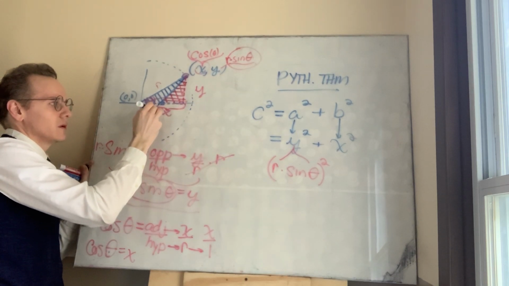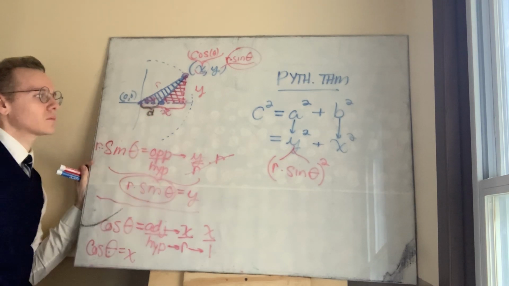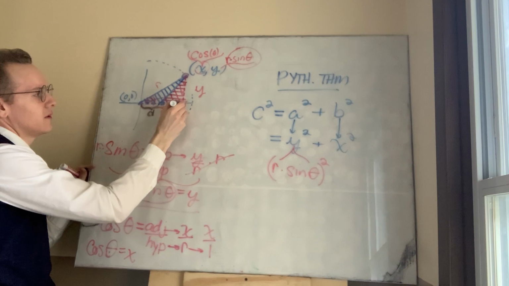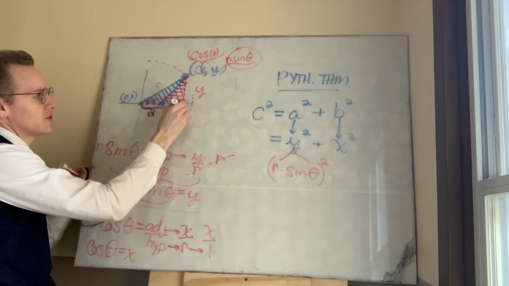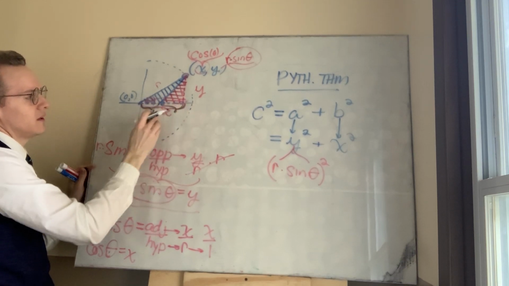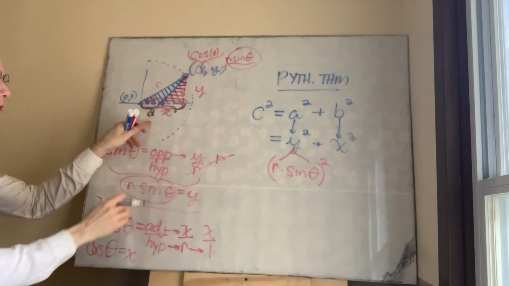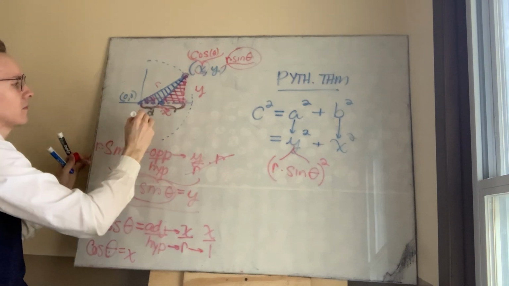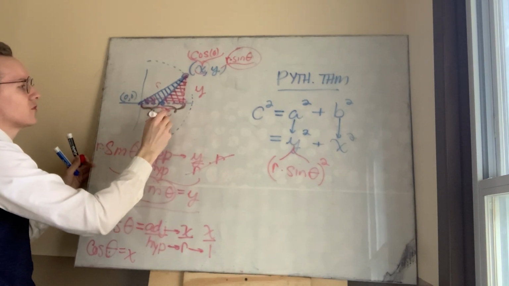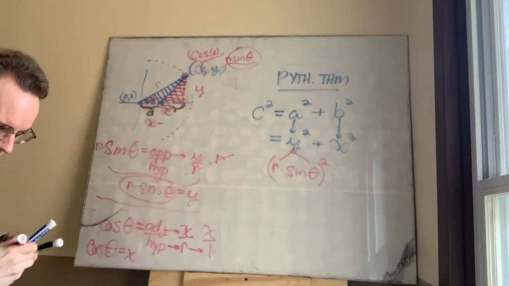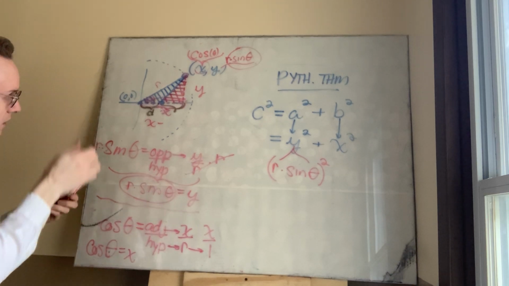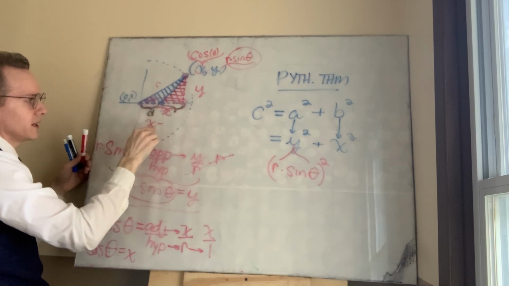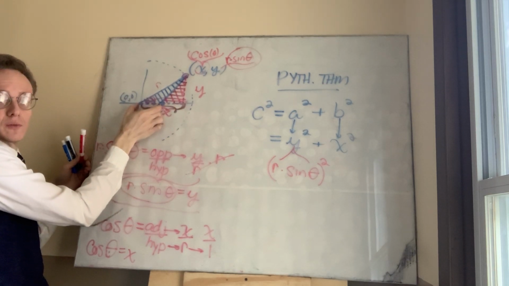Maybe a D would be better. I'll put a D here. All right, the rest of it, the red portion of this X, the whole thing is X. And this portion here and here would be the difference of the whole thing minus the chunk that is just from here to here.